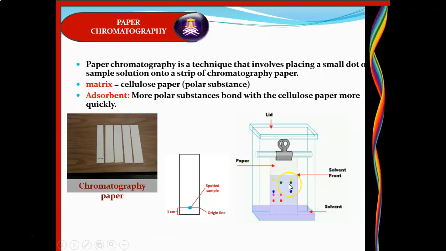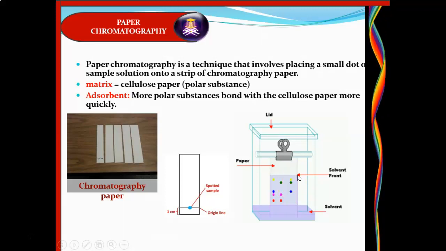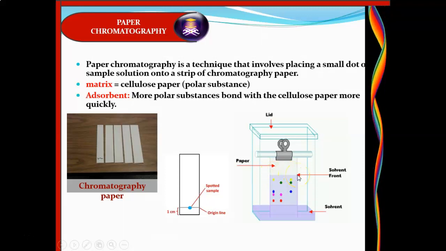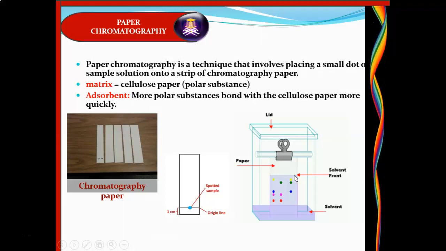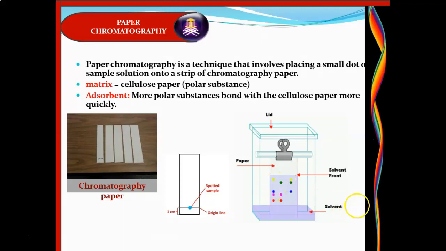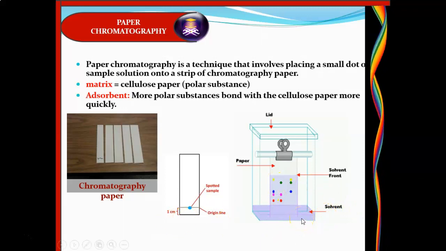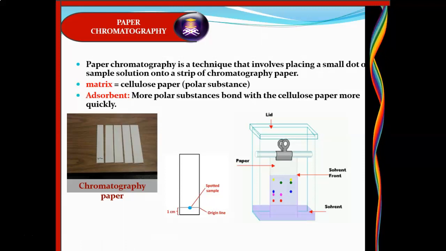So you need to make the solvent front. Let's say you want the sample to reach this line, so you need to make sure that the separation is complete. And the solvent depends on you, whether you want to use water or sodium chloride and so on.